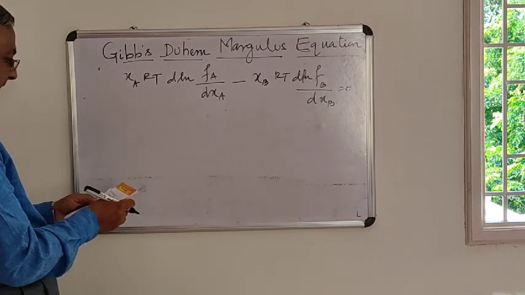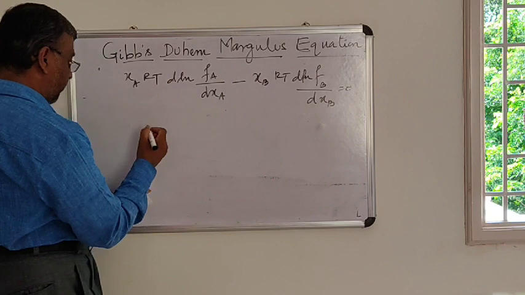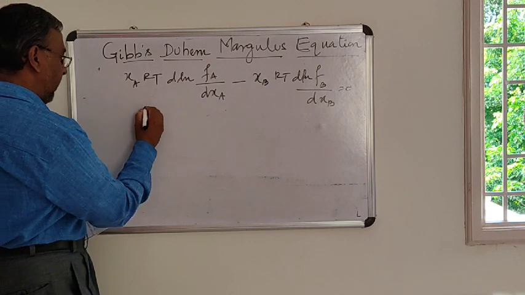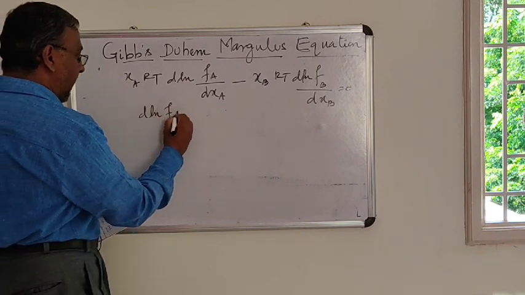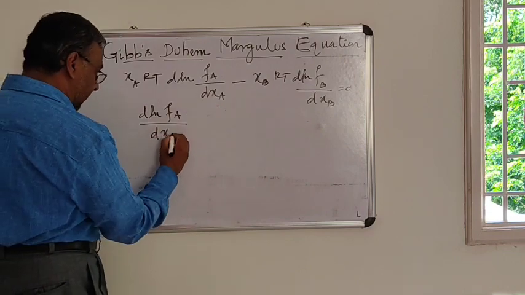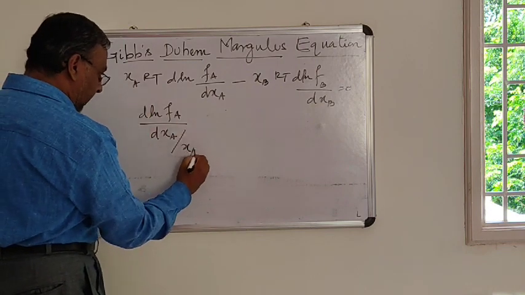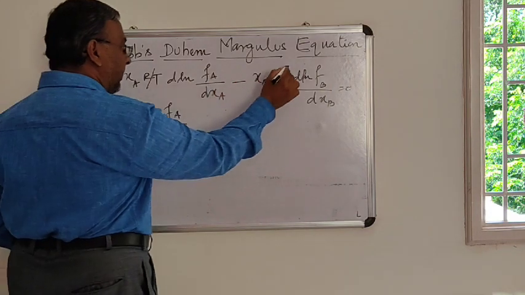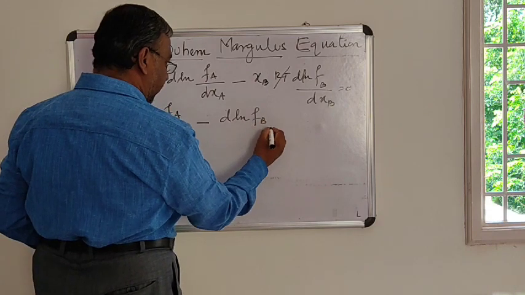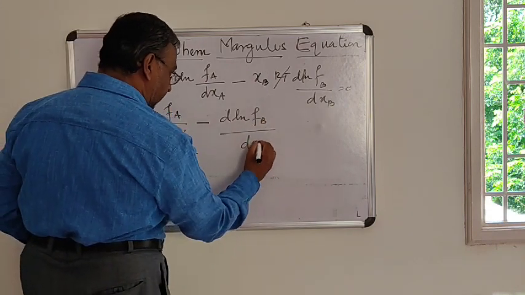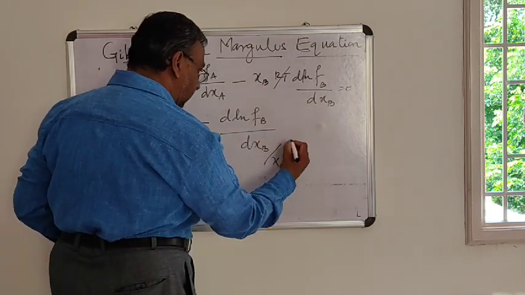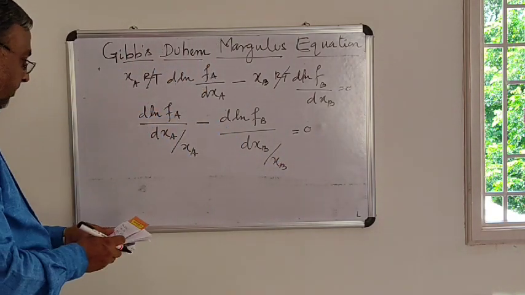Now I can write this equation as d log fa divided by dxa divided by xa, because RT is the same, minus d log fb divided by dxb divided by xb, equal to 0.